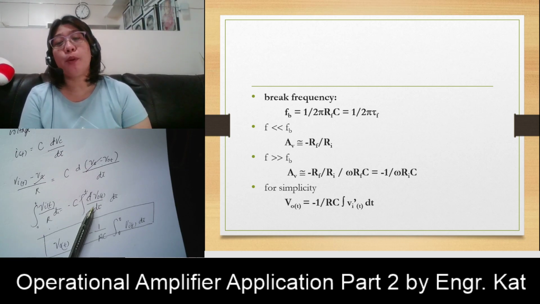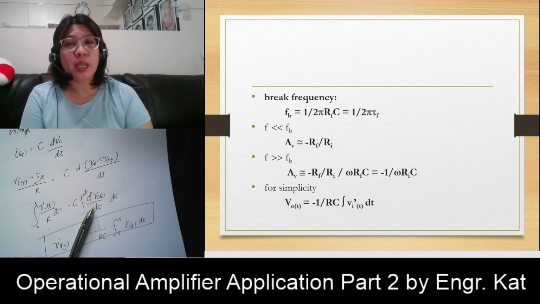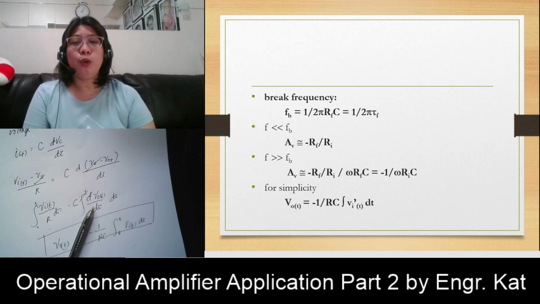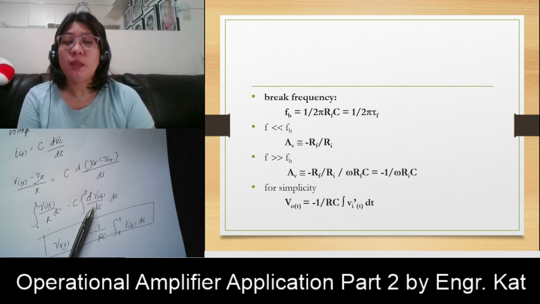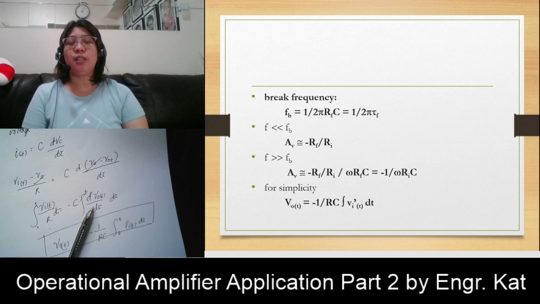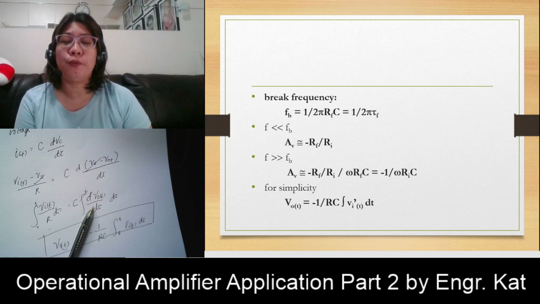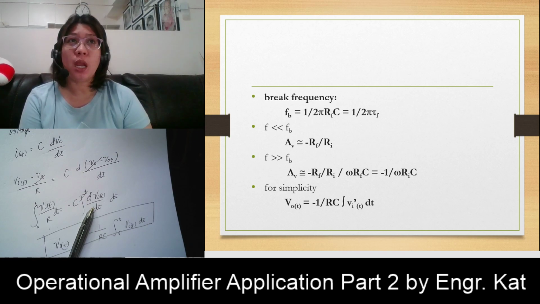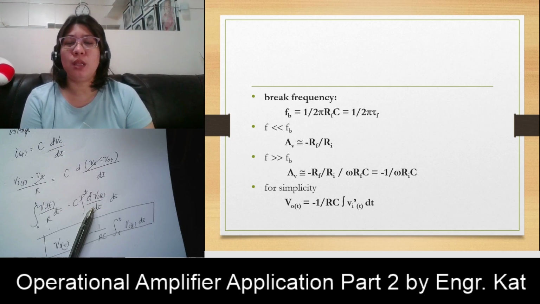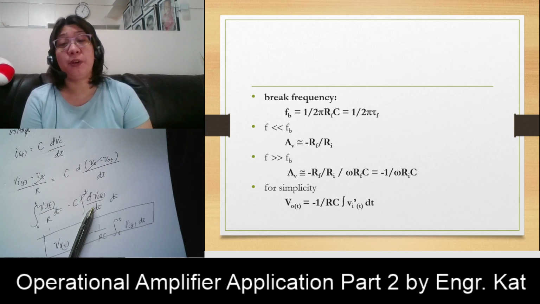When your break frequency is much greater than the frequency of your input signal, you have a gain approximately equal to negative RF all over RI. That means our integrator is functioning as a normal inverting amplifier.